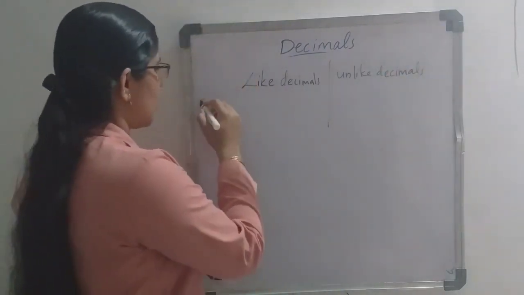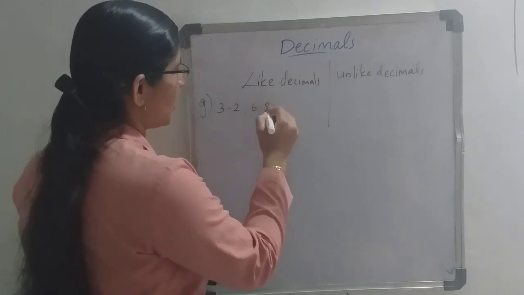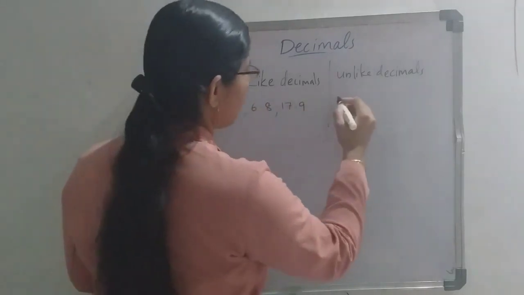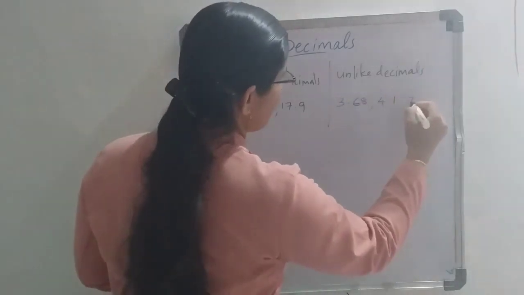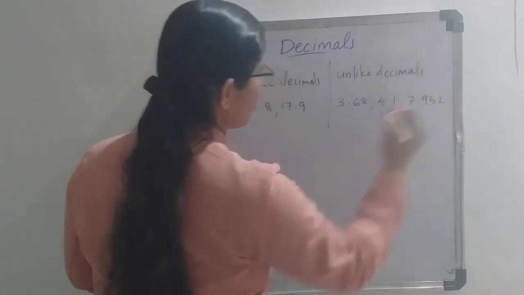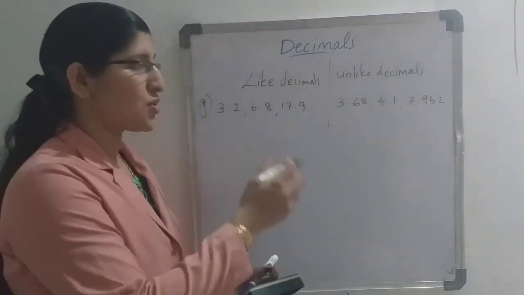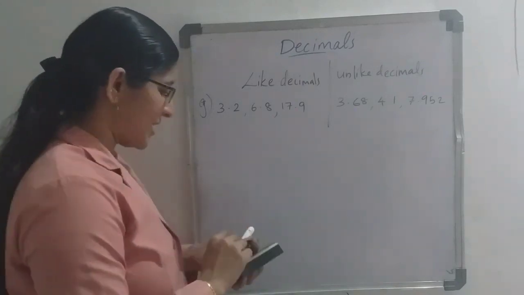So I'll write one example. 3.2, 6.8, 17.9. Here I am writing 3.68, 4.1, 7.952. So is there any difference? Can you see any difference in the case of these two? Anybody? Yes, the difference is that, listen here.